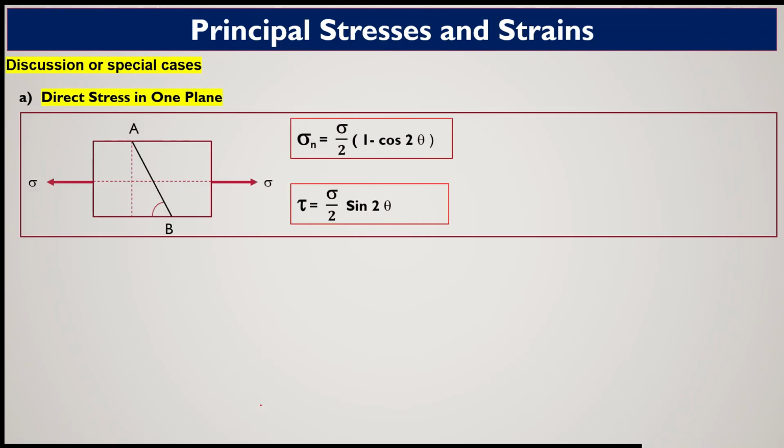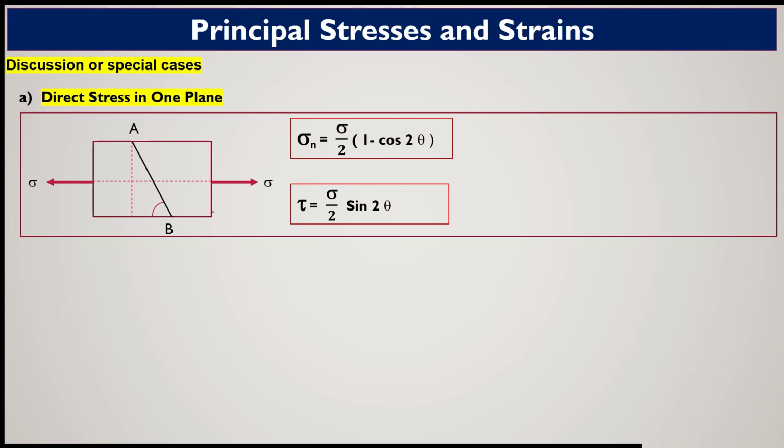Now let us have some discussion on these two cases. First one was direct stress in one plane. That is the figure which we have already discussed. Let us revise it.